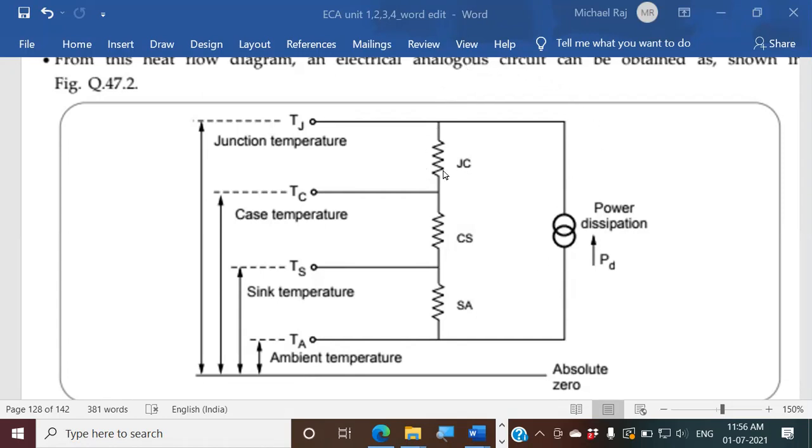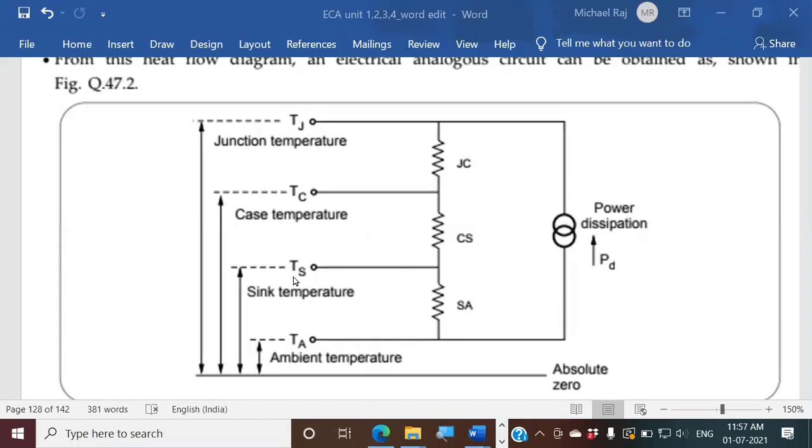One resistance, first this junction to case. This is just a symbolical explanation, right? This is not a circuit. So the heat transfer takes place from junction to case to sink to ambient. So this is the ambient temperature.